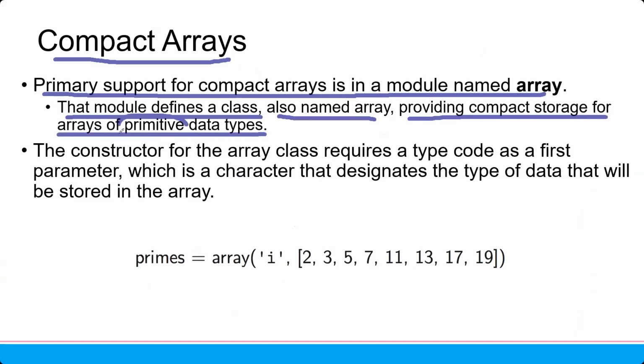Do you know what a primitive data type is? In programming languages, primitive data types are types like integer and float. If the data type is more complex, we call it an object. You know about object-oriented programming. So if the data is just a number or just a letter, then we call it a primitive data type.